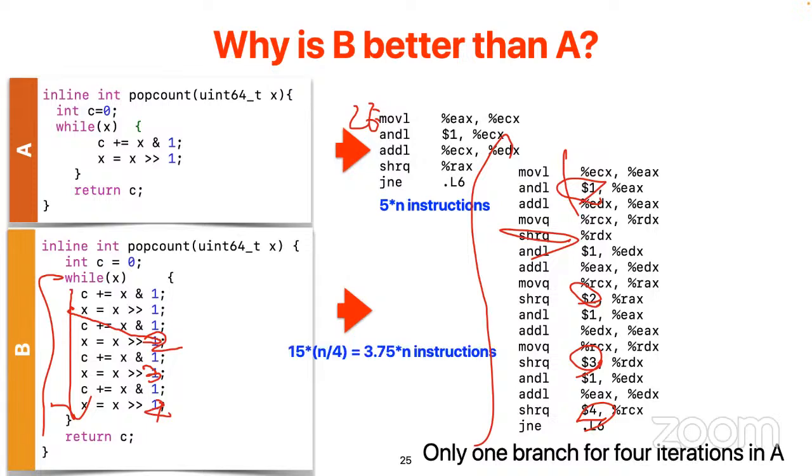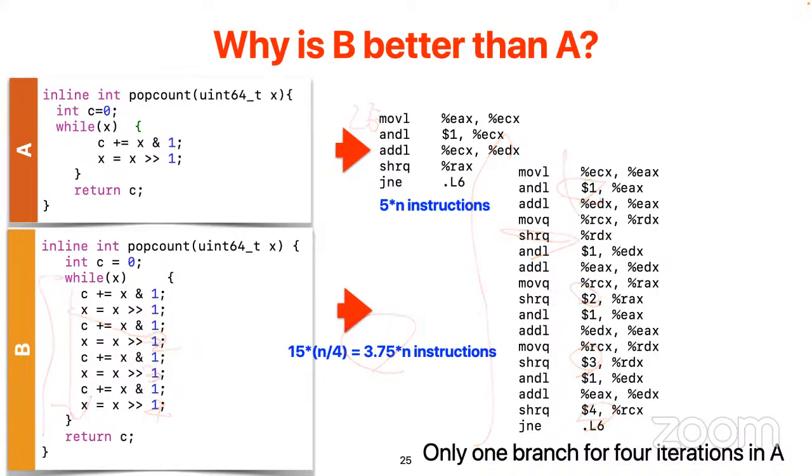In terms of instruction count, right now we have 15 instructions over 4 iterations. So on average, each iteration has only 3.75 instructions, so you are going to reduce the dynamic instruction count a lot. In addition, you also potentially remove some data dependencies because you have this hard-coded 1, 2, 3, 4 in the shift.